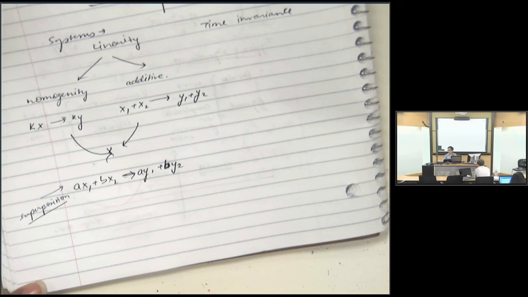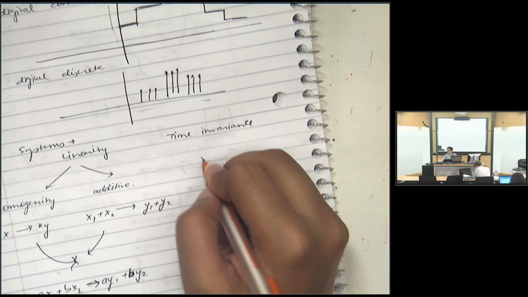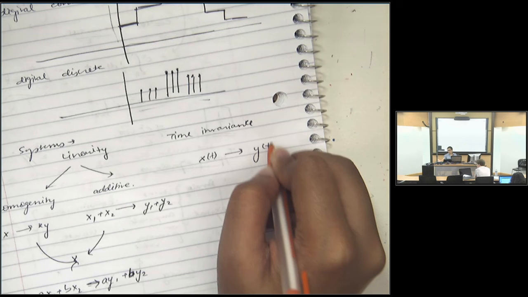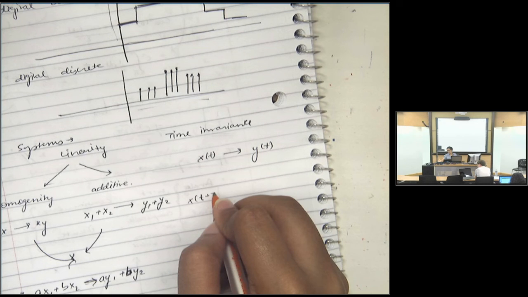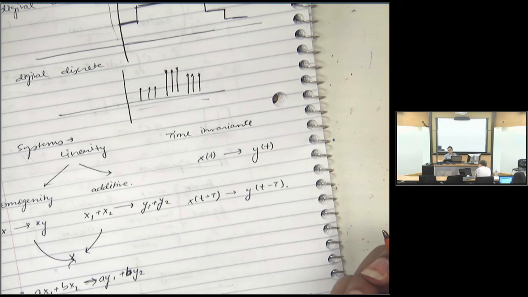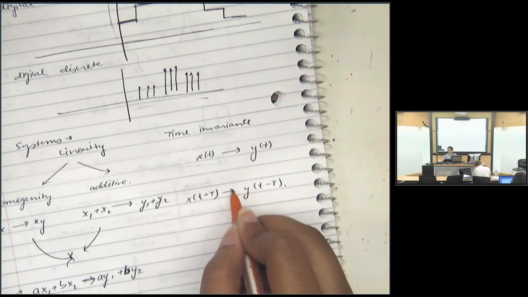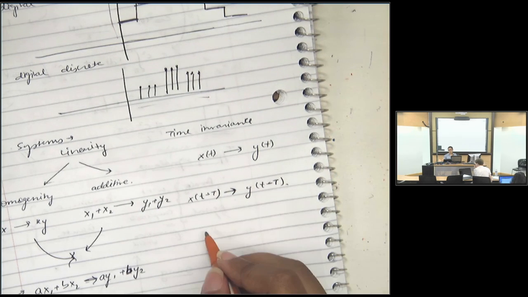Now, time invariance. If I'm supplying x of t, I get an output of y of t. What time invariance says is if I shift my input by some factor capital T, my output also shifts. Okay, makes sense?